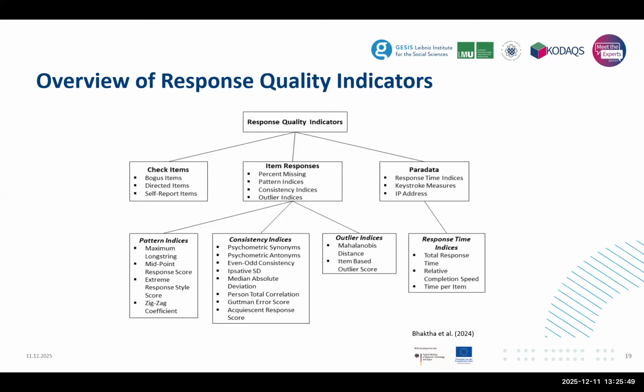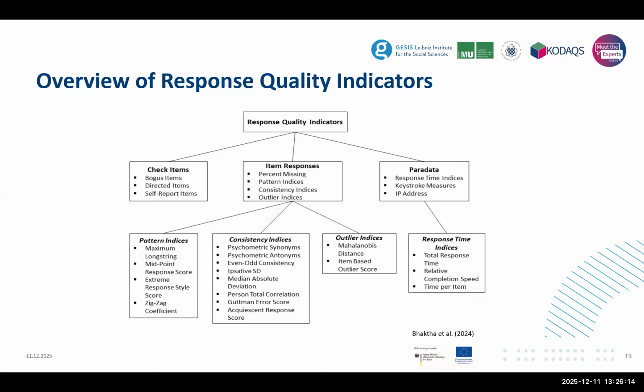So for example, here we can also see that there are response indicators for response time. We also talked about it before, there's speeding, but there are different ways of operationalizing it that you can use. We also have a focus on outlier indices, for example, so really looking at unusual response patterns based on outliers in the response distribution.